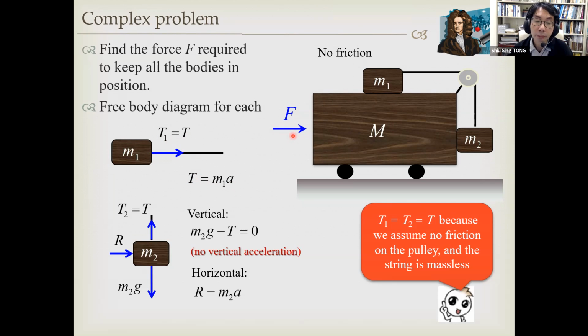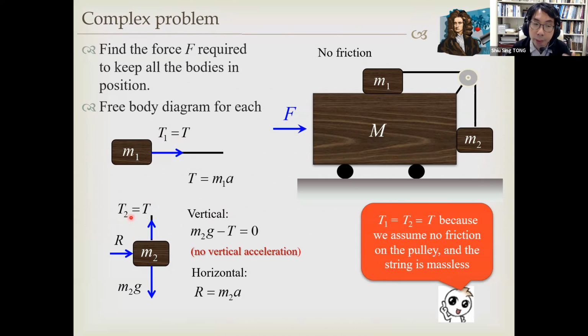Now I concentrate on the block M2. For the vertical direction, I know there's a tension force from the string, and since the string is light, it's massless, and the pulley is smooth, the tension force T2 that pulls the block upwards is the same as the tension force T1. They are both equal to T in magnitude.